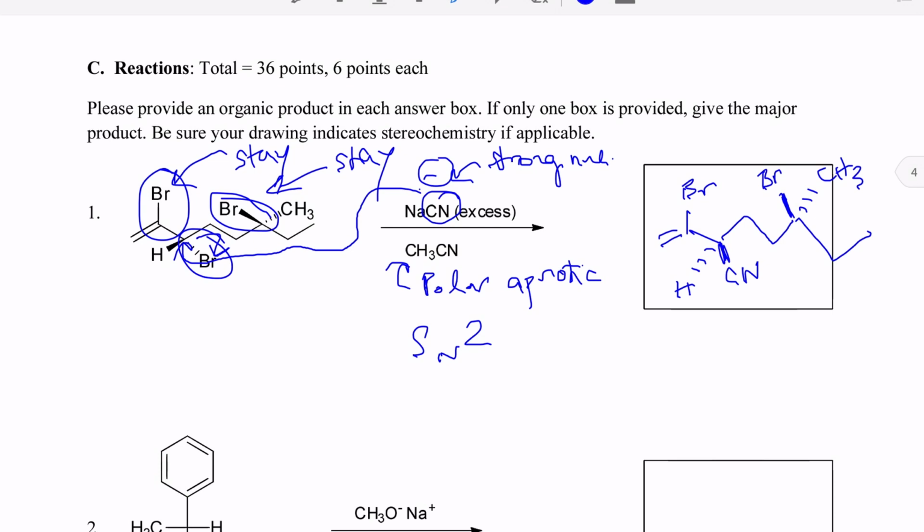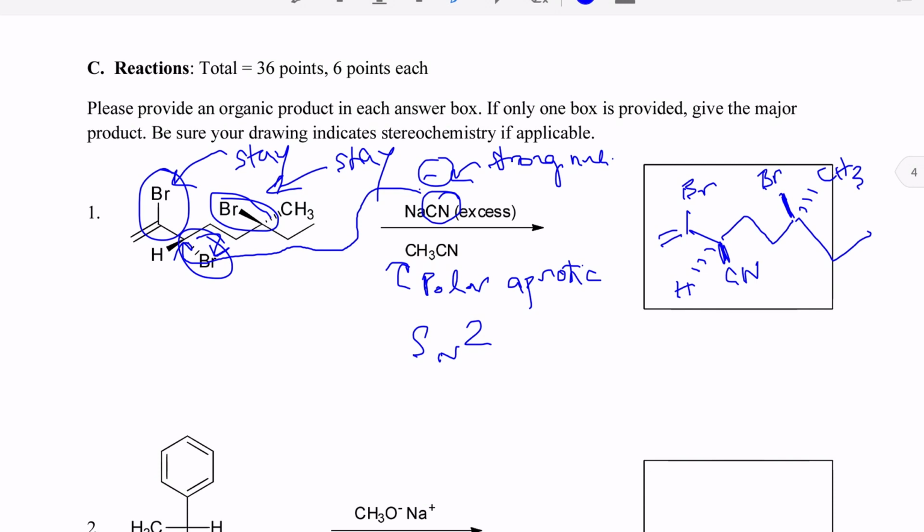So let's look at this. We see that the cyanide group is actually projecting out of the page. So why is this the case? Well, it's called a backside attack for a reason, right? We don't attack it from the same side that the bromo group is on.